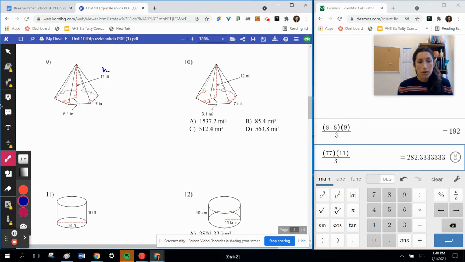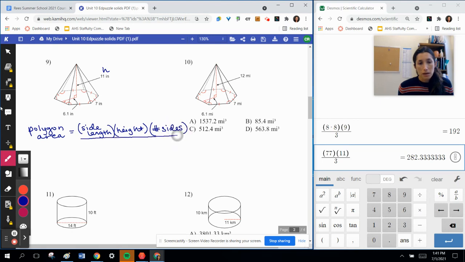So remember, a regular hexagon or polygon area is equal to a side length of the polygon multiplied by the height of the polygon, or we'll call it the apothem, multiplied by the number of sides divided by 2. That would be the base area here, or polygon area is what we're calling it.